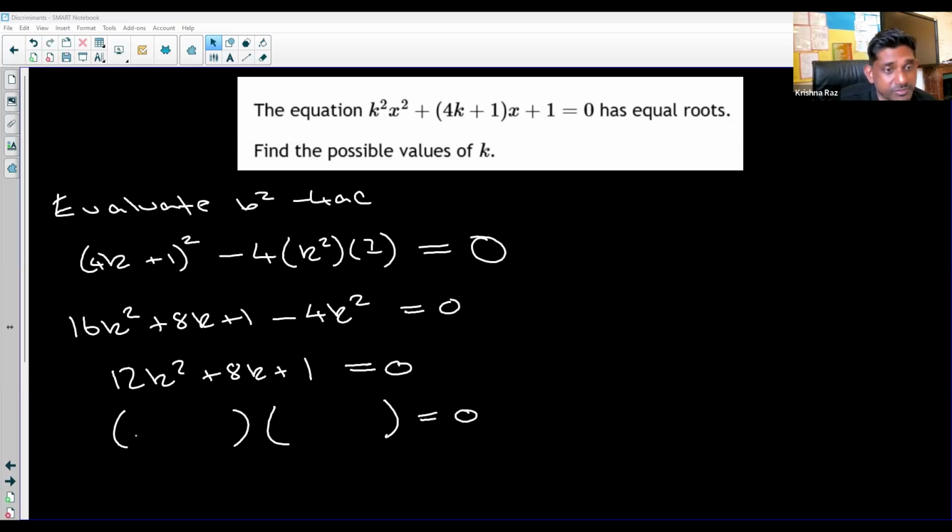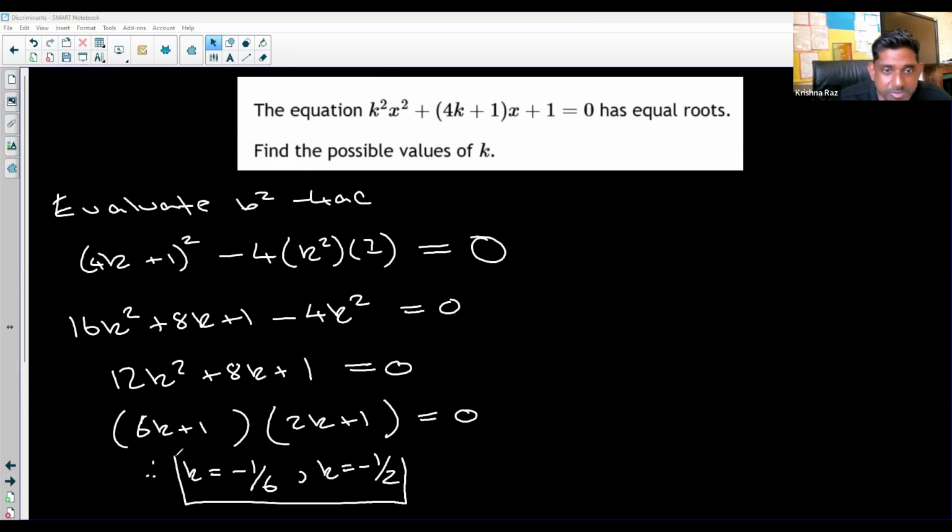We could use the formula or factorize. I think I've seen the solution here. So 12k squared plus 6k plus 2k plus 1. And that works. So therefore, k equals minus 1/6, or k equals minus a half.